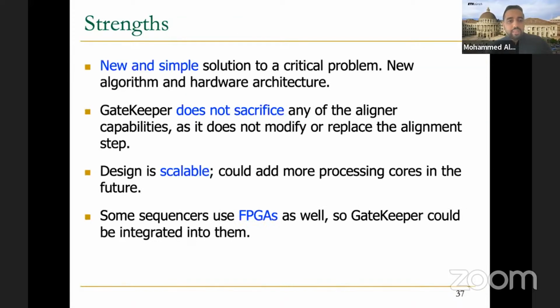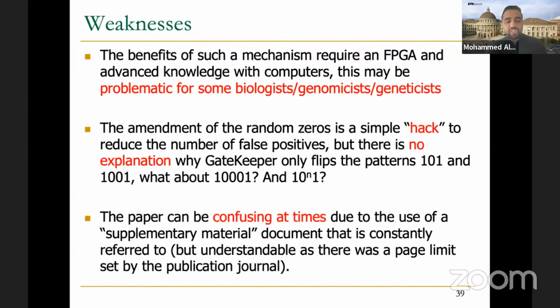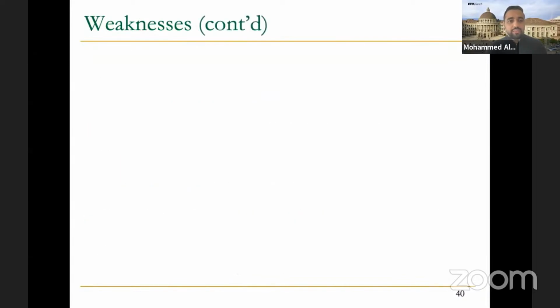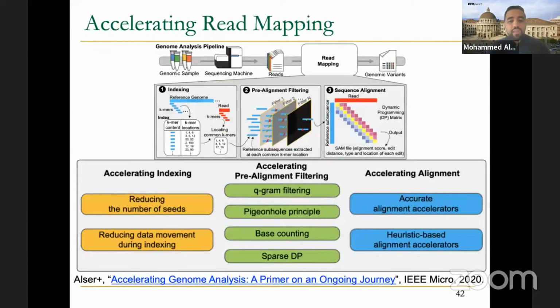As for the strengths and weaknesses, I will leave it to you to go through the slides and try to fetch the strengths and weaknesses. I would like to mention something very important. So these are the papers I mentioned when I started the lecture about accelerating genome analysis. Here we have not only pre-alignment filtering, but list all the works on indexing, seeding, pre-alignment filtering, and sequence alignment.